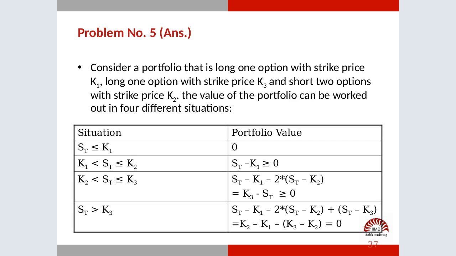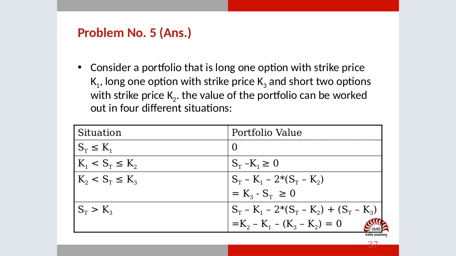When it goes between K2 and K3, the one bought option will give me money, so I will get ST minus K1, but I will lose on two options. I've shorted the option, so I'll lose 2 times ST minus K2. If you expand that, that becomes ST minus K1 minus 2 ST plus 2 K2.